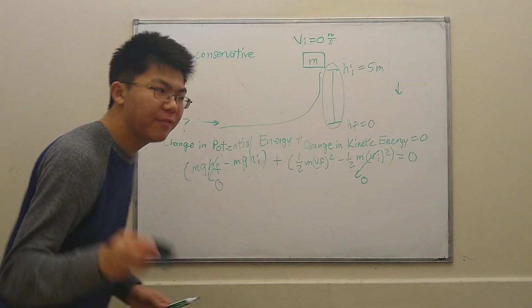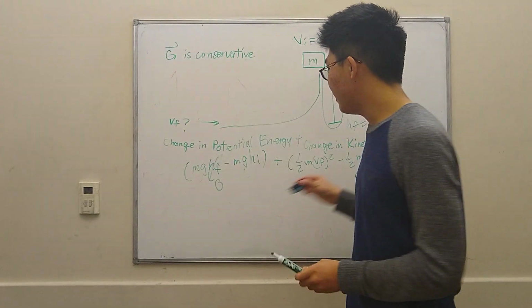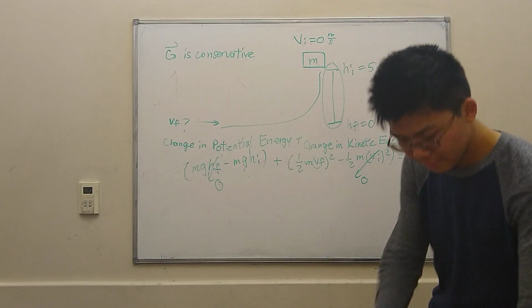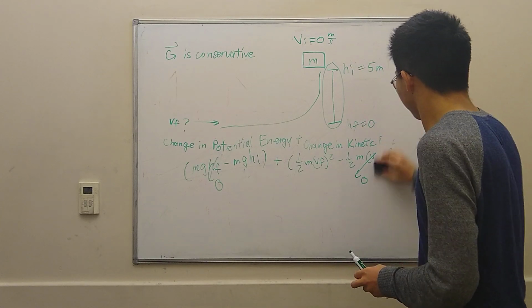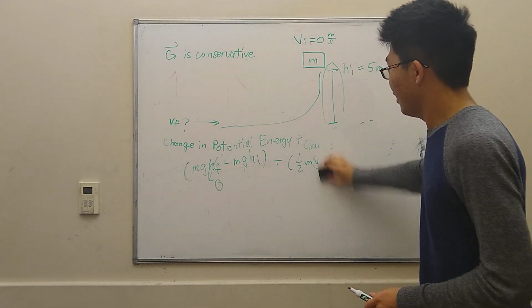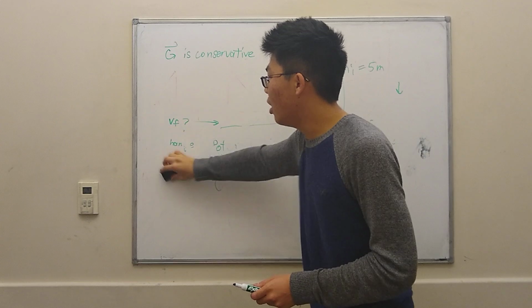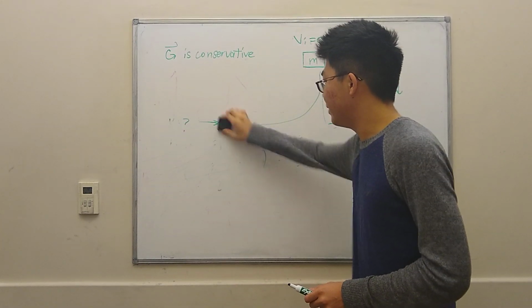Now, let me bring up the first example. In the first example, I'm going to do a box. And this time, I'm going to draw a box moving through a loop.